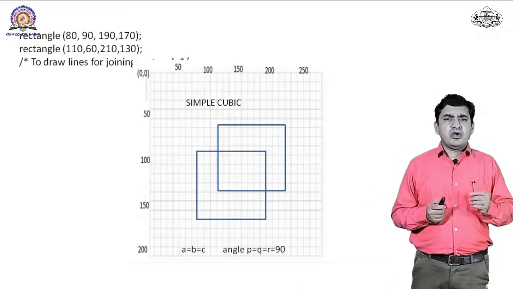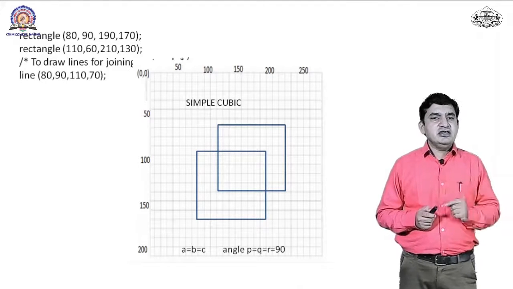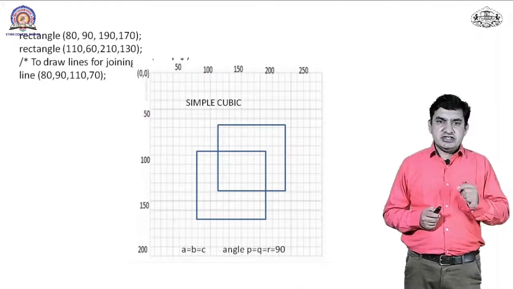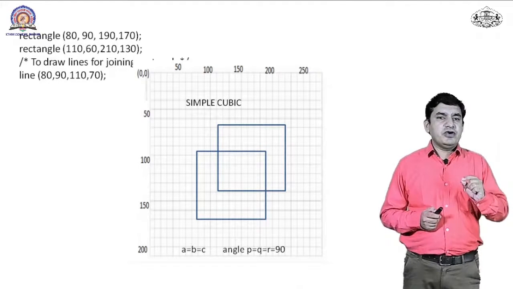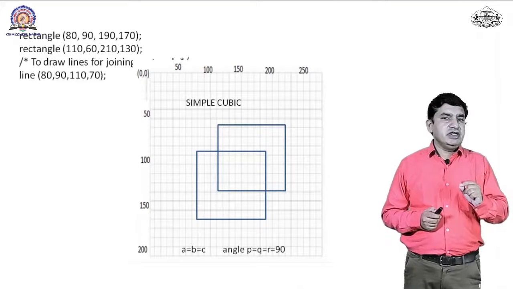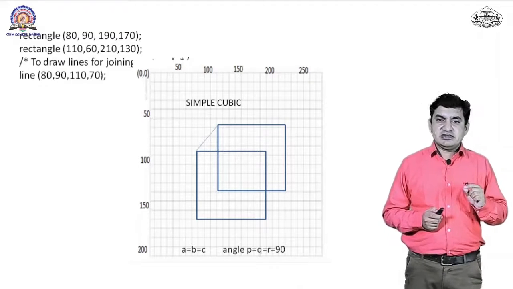Now we have to draw lines to join the rectangles. First line: 80, 90 is the coordinate of the starting point of the line, and 110, 70 is the coordinate of the end point of the line, and the line is like this.